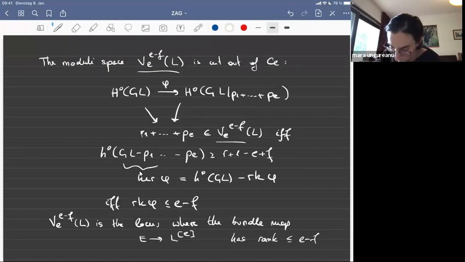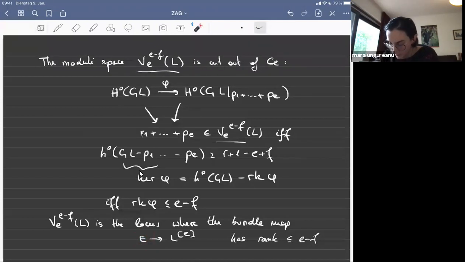Well, look here. Here, everything is done just over 1 point, right? But if I consider the whole symmetric product, CE, then of course this guy here is just going to be the fiber of a trivial bundle with this fiber, right? So this is a trivial bundle E.